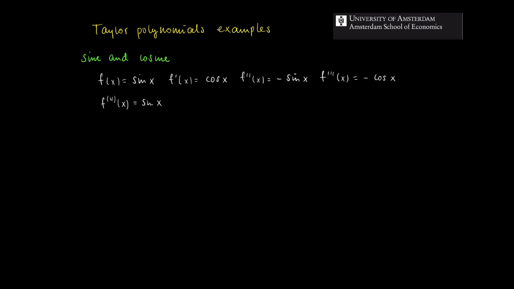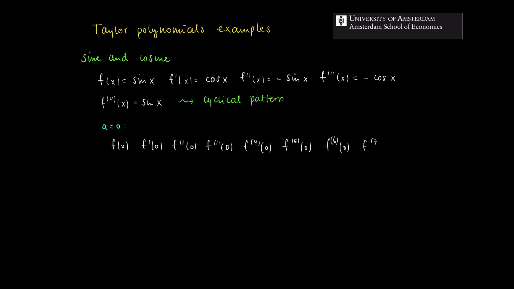From there on we see the same pattern developing, so we see the cyclical pattern in the derivatives. And this is nice, as for a equals 0, we get f(0), f prime(0), etc. We can summarize all these derivatives in a scheme and calculate the values.